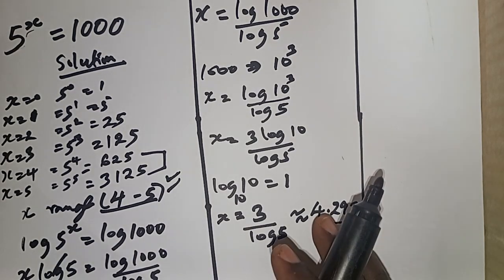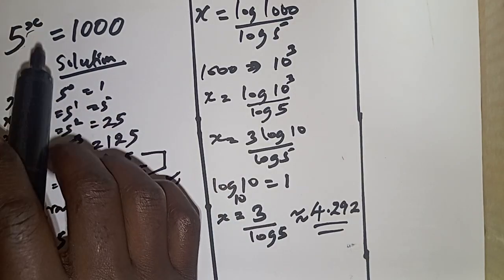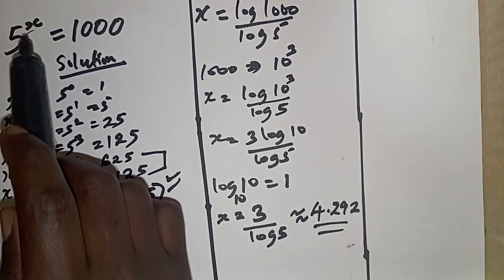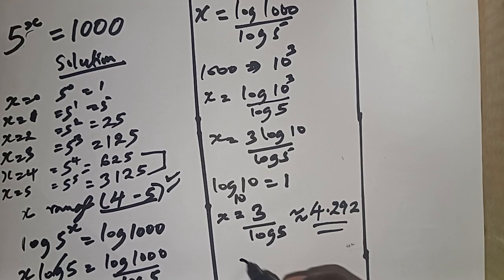So it is evident, and also to show, that the value of x here is equal to 3 divided by log 5, which is approximately equal to 4.292.